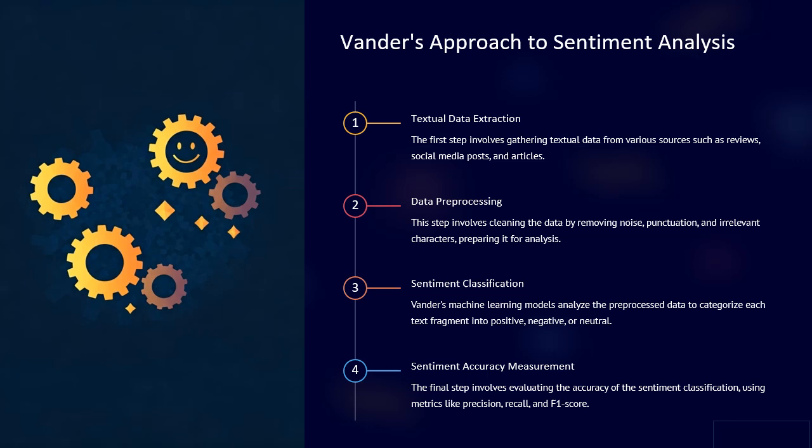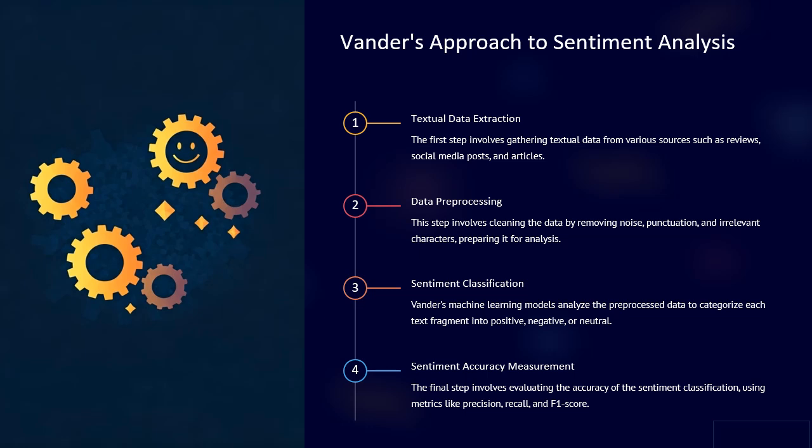Data processing is a critical phase in sentiment analysis. Once the data is collected, it often contains a lot of irrelevant information or noise. This noise can come in various forms, such as punctuation marks, special characters, or unnecessary spaces that don't add any real value to the analysis.